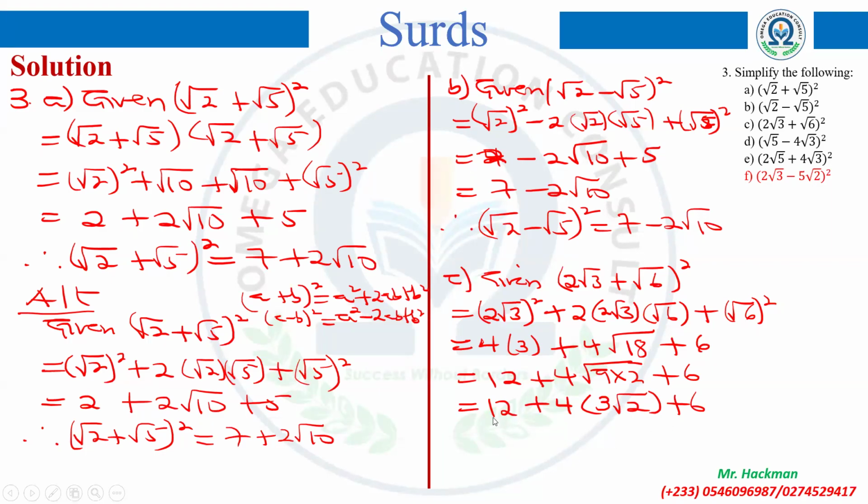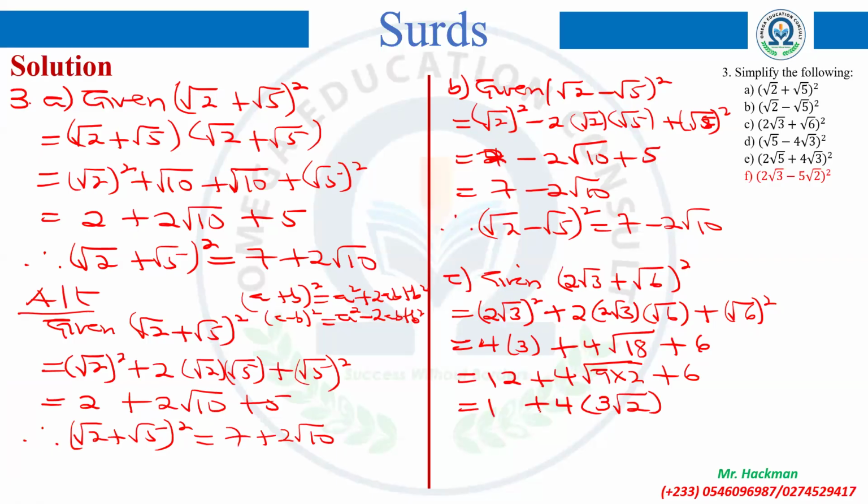Because I know that this and this are like terms, my next step, I will add them. I won't write this and this again; I will continue working on this one. So let me go and do the right one so that you also learn from that. The 6 and the 12 can combine, and that gives you 18.